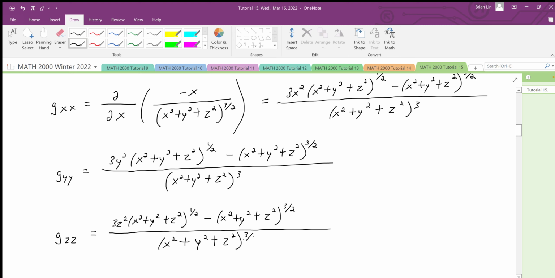So it's just power 3. No, it's 3 over 2. You square it, you get a 3.